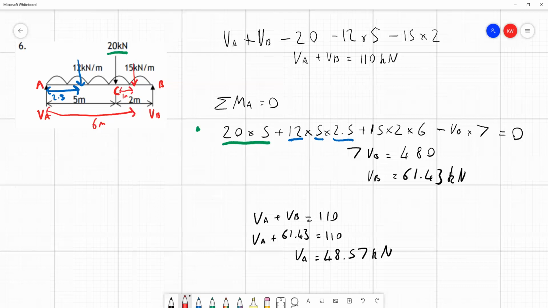So the point force we're going to use to approximate this UDL does apply halfway along the UDL between C and B. By that point, this 1 meter from C is 6 meters from A, as I've shown in red there. So what we've got here is the 15 kilonewtons per meter. It's a 2 meter section of beam, but the point is 6 meters away from A. So that's why that's a 6 there, not a 1.